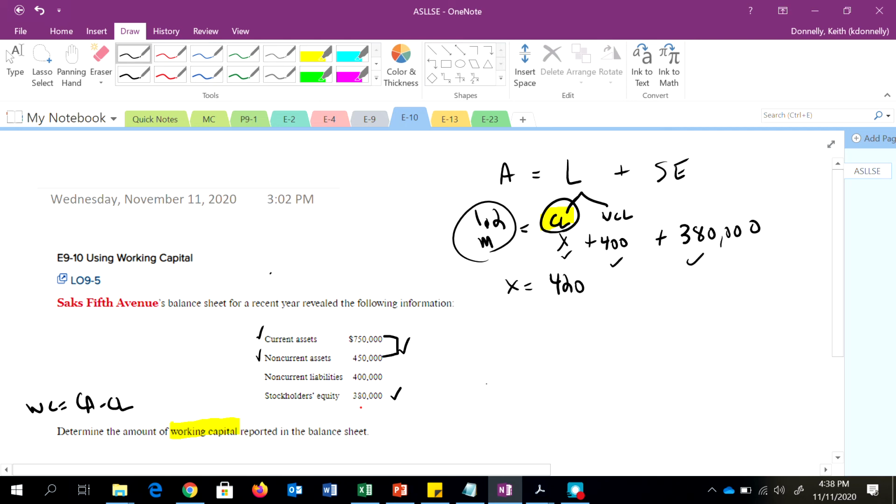So once we solve for it, we know working capital is our current assets, 750, minus our current liabilities up here, 420, equals 330 for working capital.